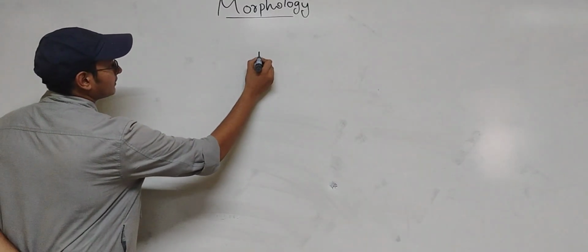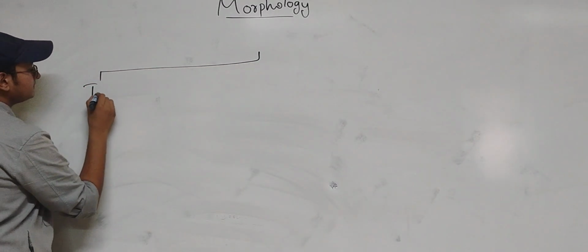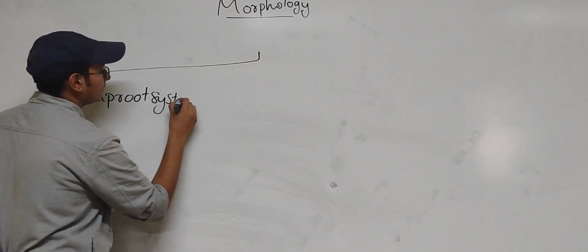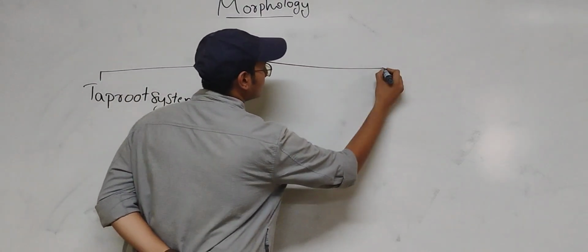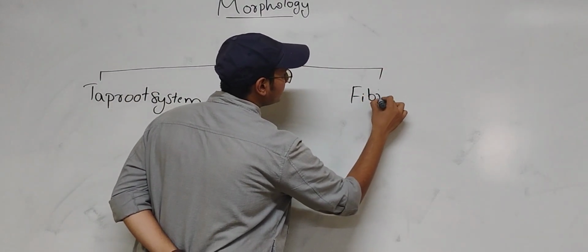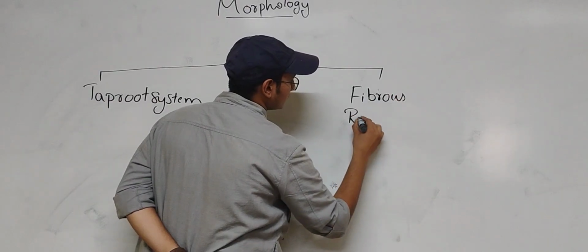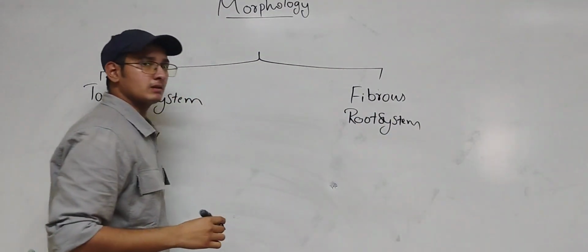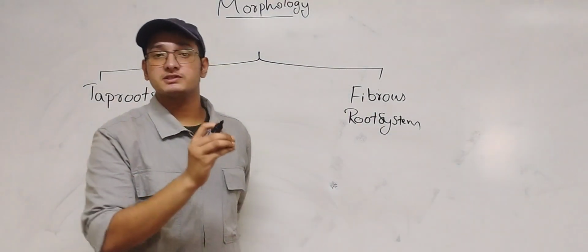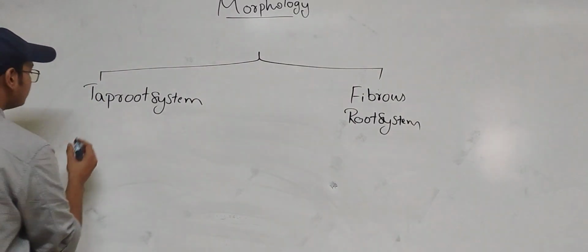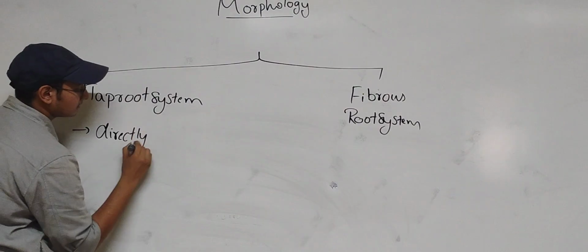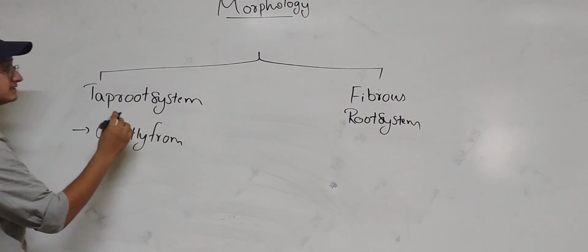Here we have different kinds of modifications, but before going into that, we must know the different kinds of root systems. There are two main root systems: the tap root system and the fibrous root system. In the beginning, I told you that roots develop from the radicle. The roots which develop directly from the radicle are known as tap roots.